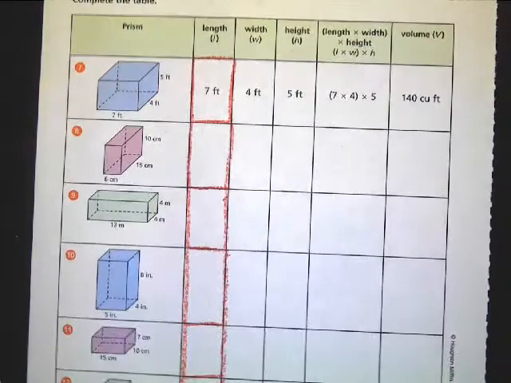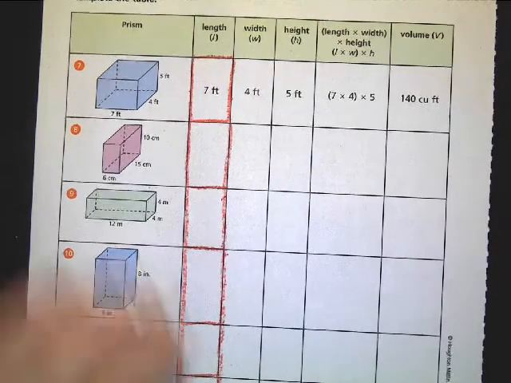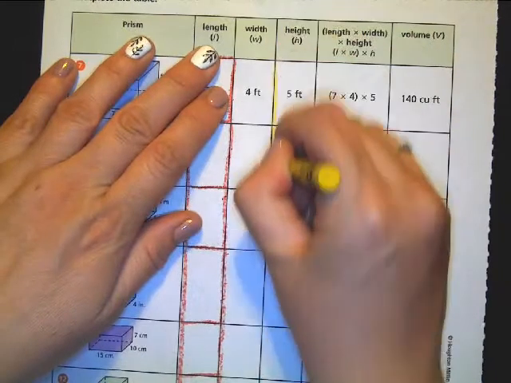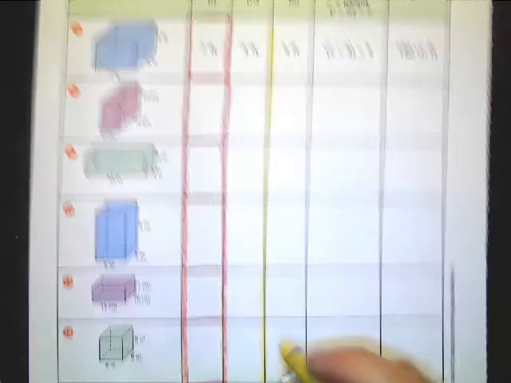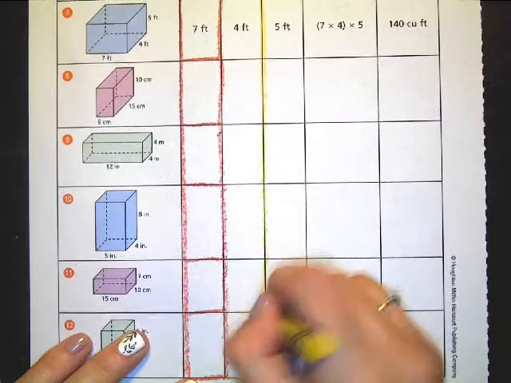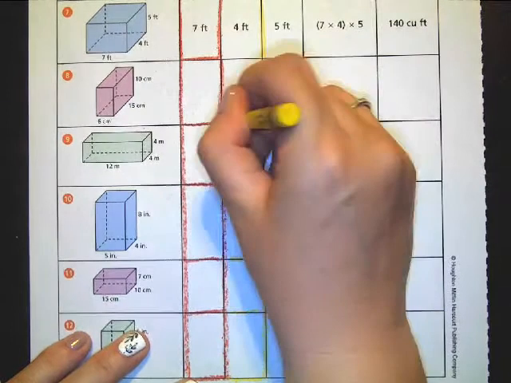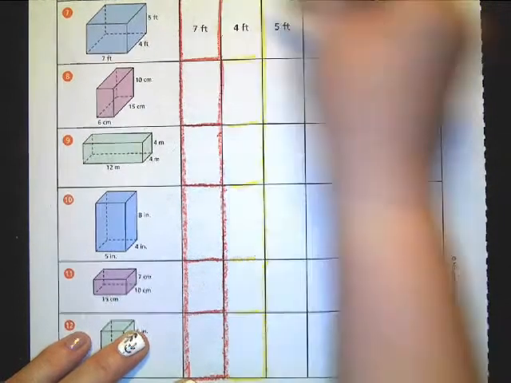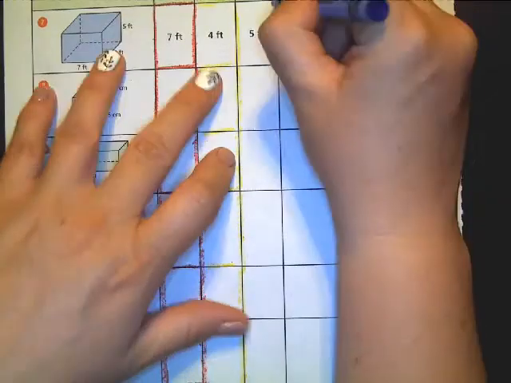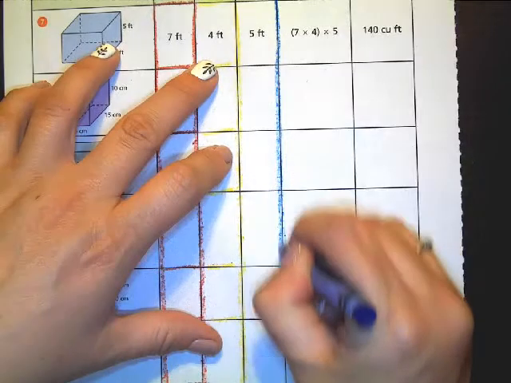What color have we been doing widths in? Yellow. And what color have we been doing height in? If you said blue, you were correct.